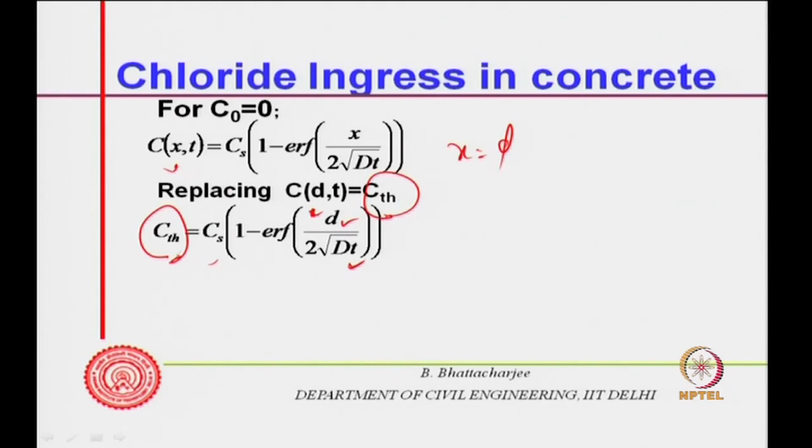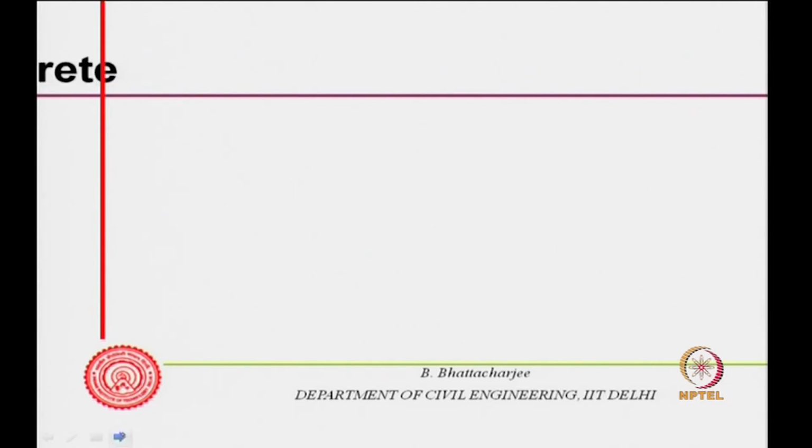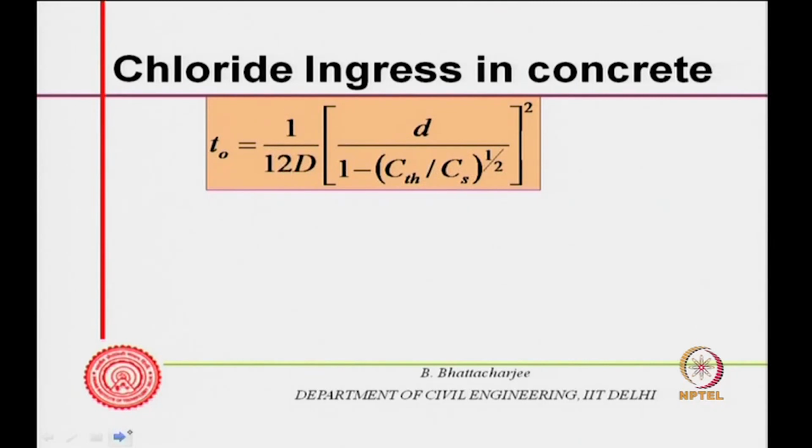Then when the chloride level at the rebar level, at d the cover depth, has reached threshold. And one can actually approximate the formula by a parabolic function like this for the error function, and you can get an expression for service life like this, right.